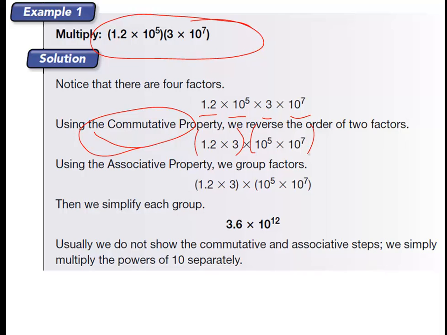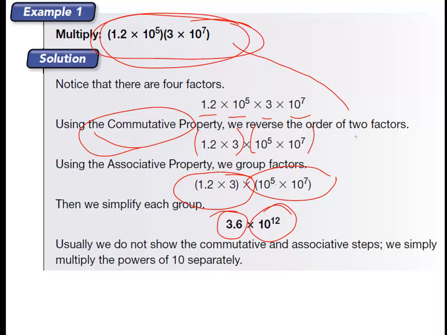And then the associative property is used to group them in our groups like this. And then we simply simplify it. We take 3 times 1.2 and get 3.6, and 10 to the 5th times 10 to the 7th, we get 10 to the 12th, because 5 plus 7 equals 12. It's already in scientific notation, so we don't need to do anything more with it. So this becomes this.